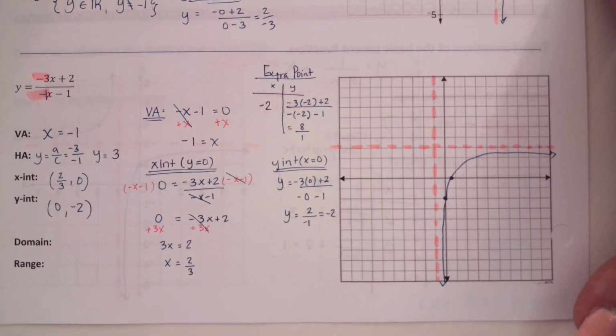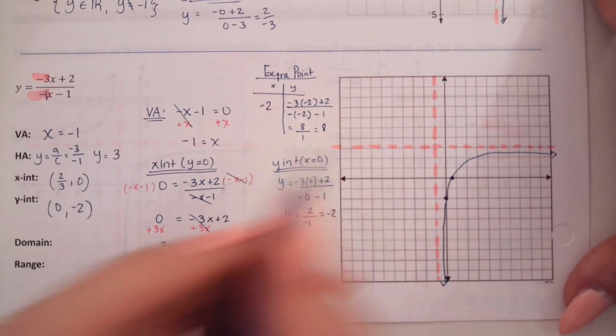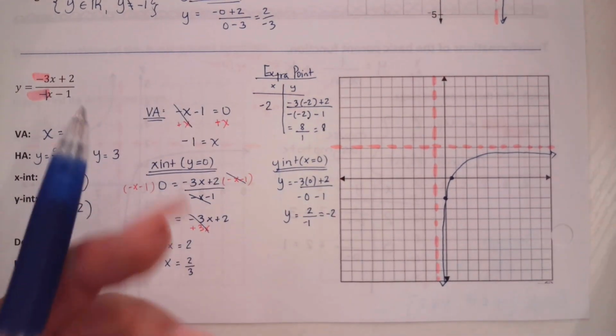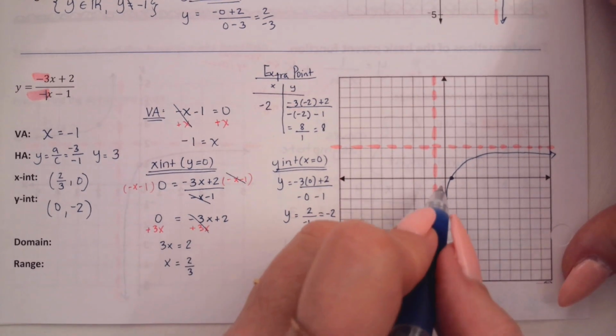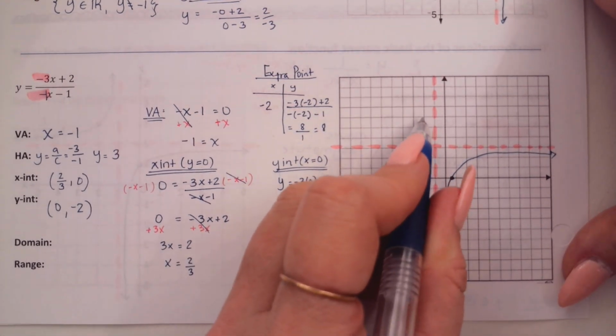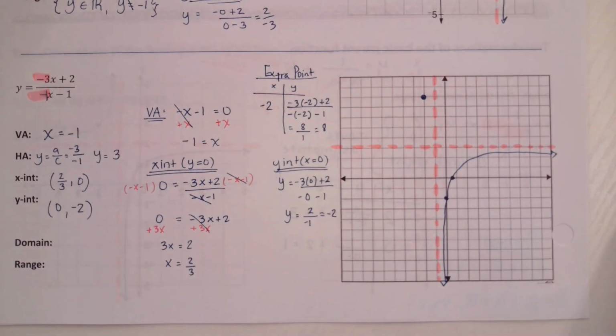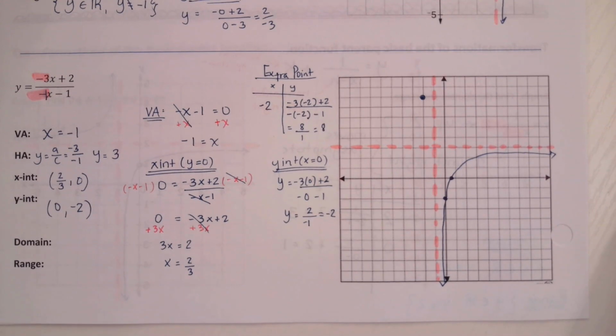Negative 2, 8 then. All right, negative 2, 8. Now I see why I made a bigger graph on this one. Negative 2, 1, 2, 3, 4, 5, 6, 7, 8. And you only need 1 point because you know what the general shape of a branch looks like now. It just follows the asymptotes, gets closer and closer.